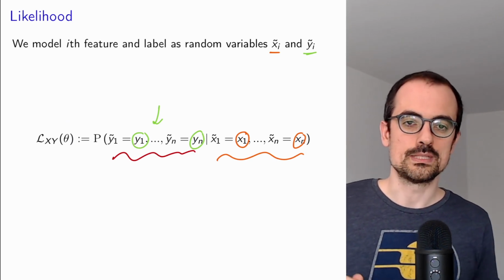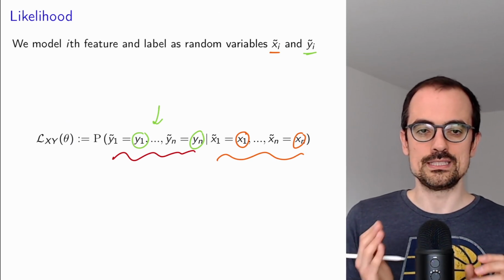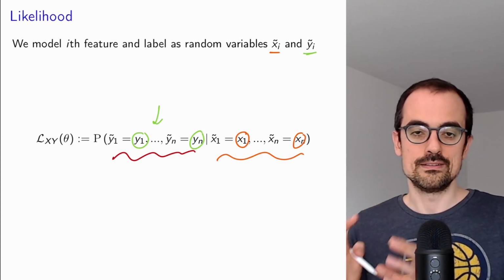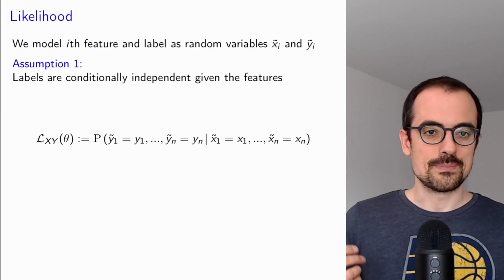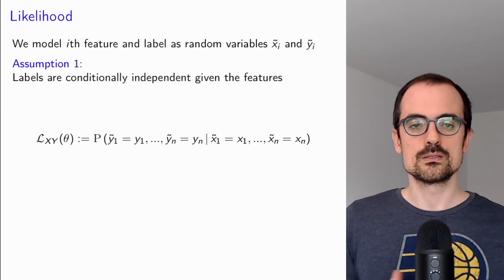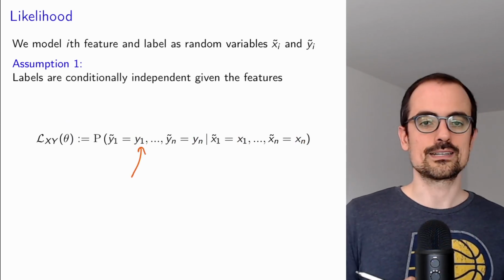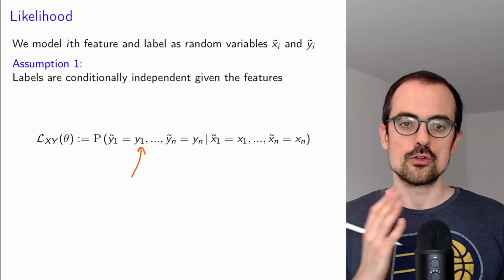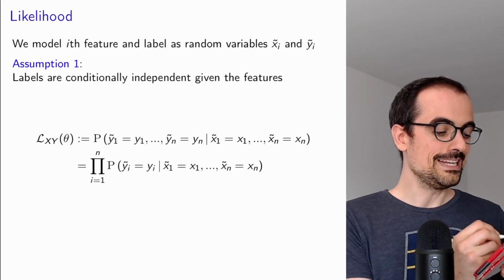Here, we're going to assume that everything is identically distributed in the sense that you have the same conditional probabilities of a label given the features for each of the examples. And the independence assumption is going to be that the labels are conditionally independent given the features, which means that we can factor this joint conditional probability into a product of the conditional probabilities of each of the labels given the features.